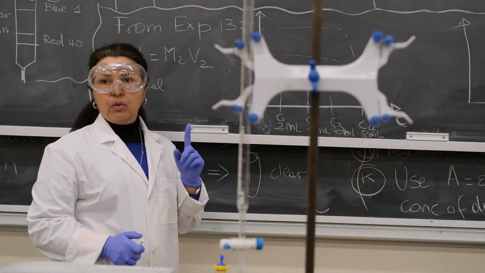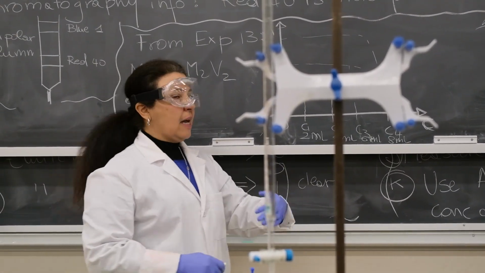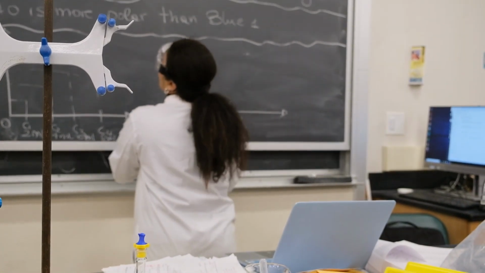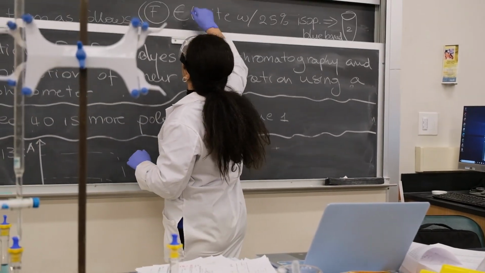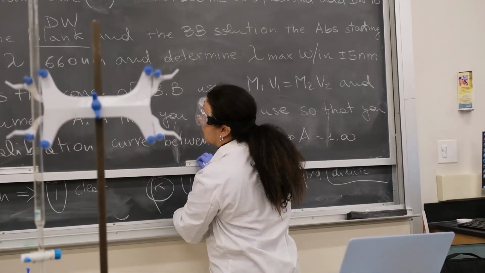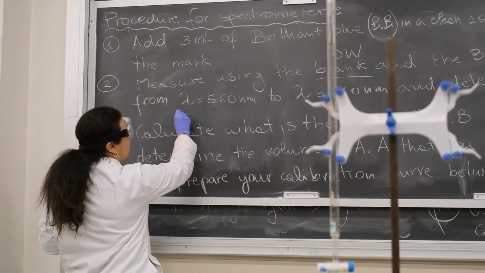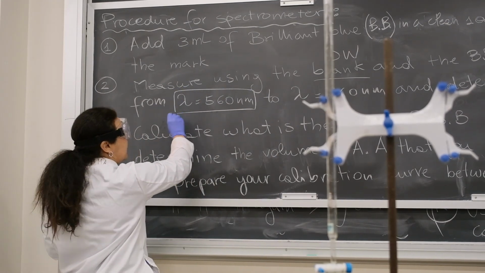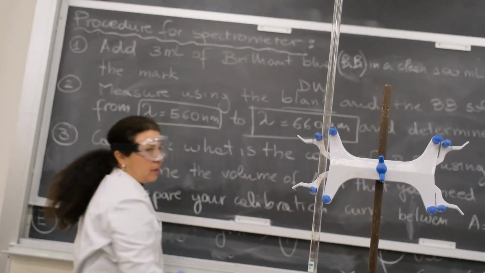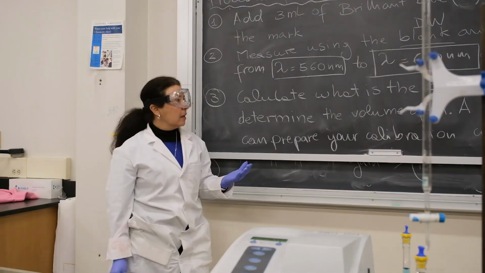One, you're going to use this solution to find the maximum absorbance, and you're going to check the absorbance of your 3 milliliter solution, the solution that you prepared by diluting 3 milliliters. You're going to do again the absorbance from 560 this time to 660. We're using a different calibration curve, a different range, because this is blue, it's not red, okay?